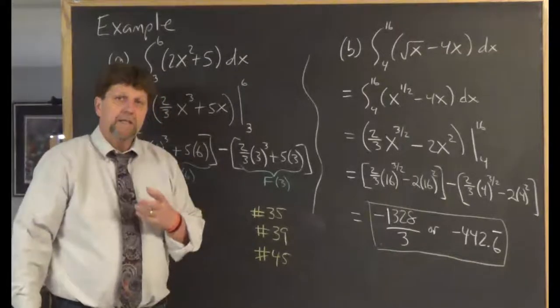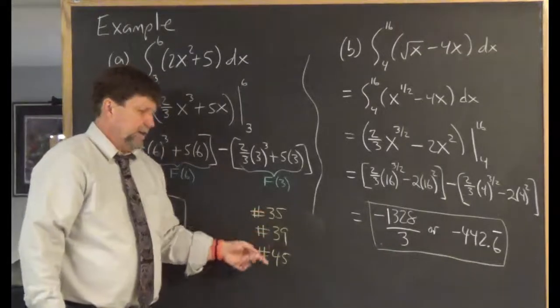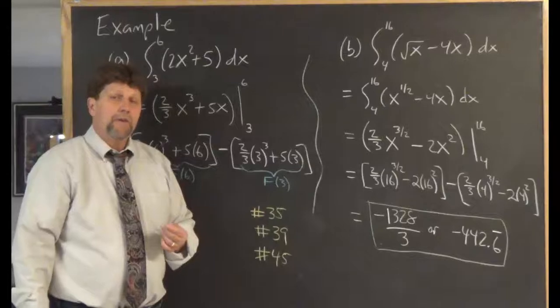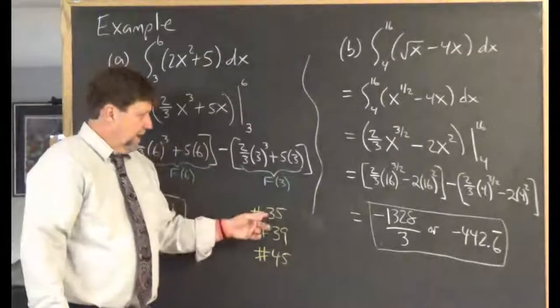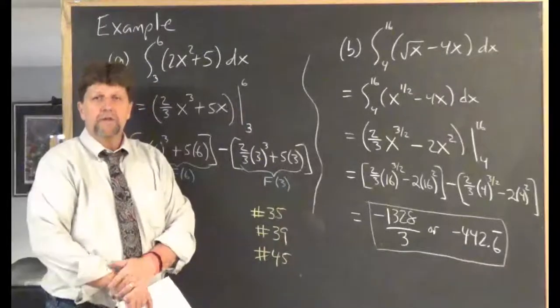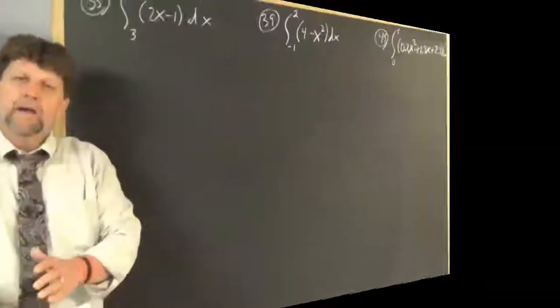So go ahead and pause the video, do these 3, and then after you've done those 3, restart the video, and I'll be here at the chalkboard, and I'll work through each one of them to make sure you have the correct answer. All right, here we go.